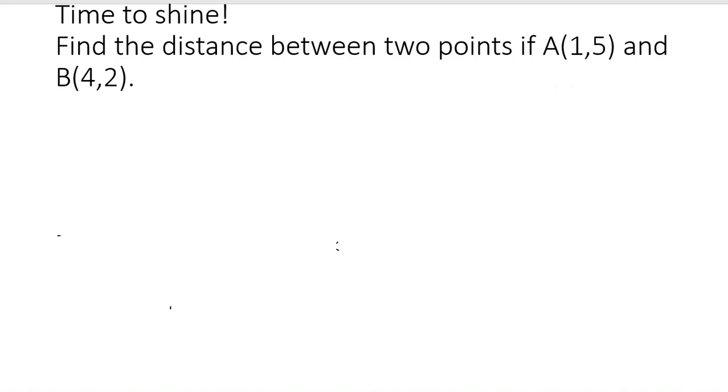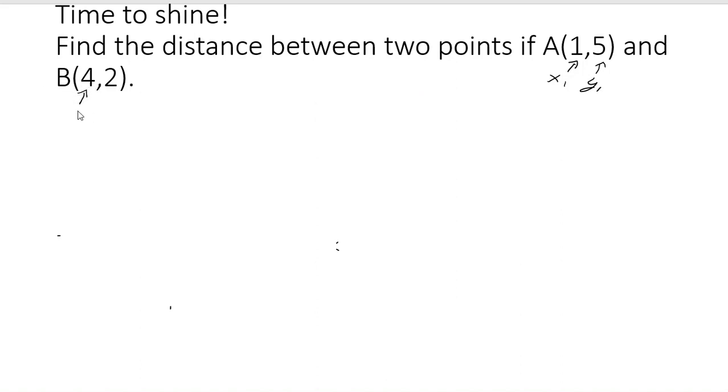So find the distance between 2 points. It doesn't matter which point is initial, which one is terminal, but I like to pick one. So because this one is A, I'm going to call this the initial point. So this one is going to be x1, and this one, 5, is going to be y1. Therefore, this is going to be the terminal point.